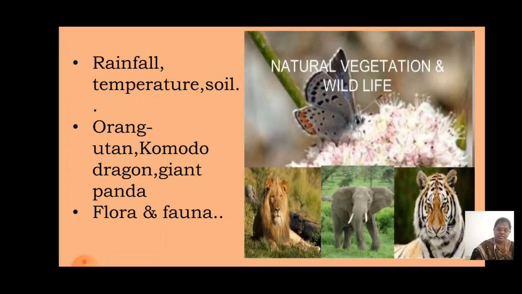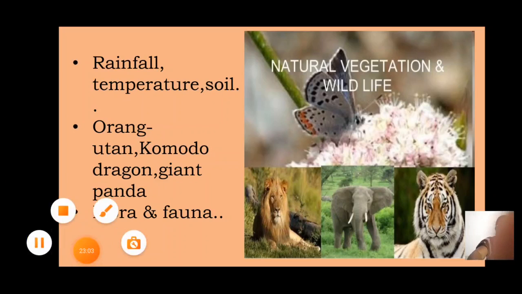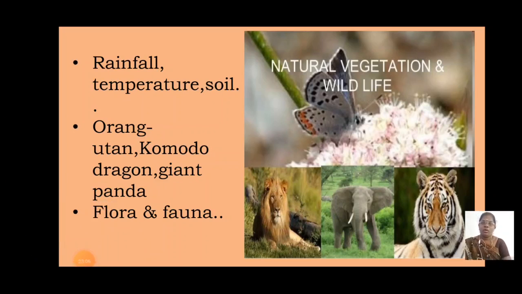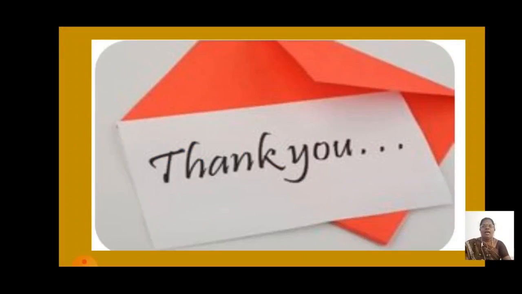Rare species are also found in Asia, like the orangutan, Komodo dragon, giant panda, etc. The flora and fauna we can see in Asia are given as a tabular column in our book, page number 150, with climate, location, flora and fauna. Just go through it.